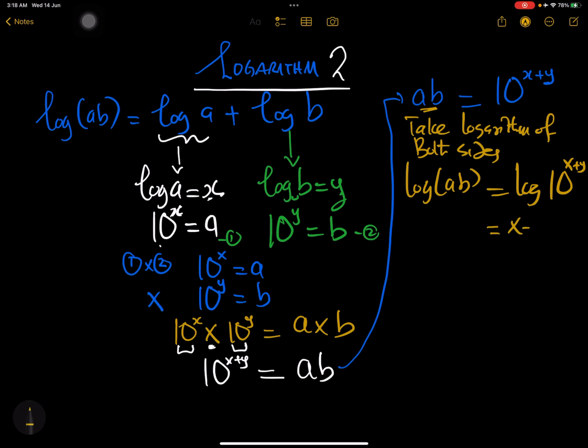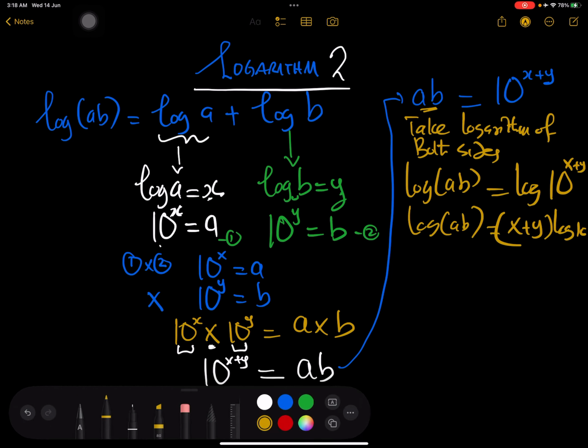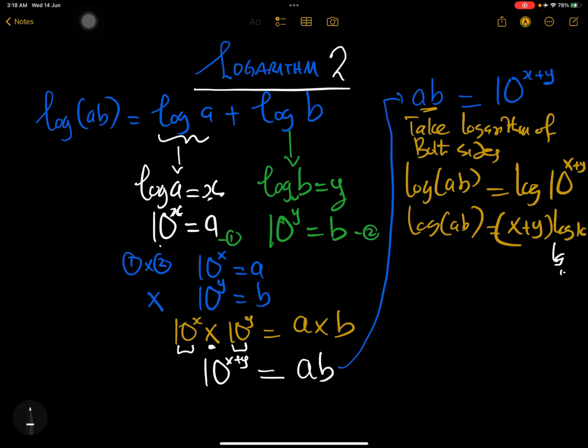The x plus y, we're going to drop at the back. And then we are going to have log 10. And then we have log of AB here. Now we're going to learn from another law that because log 10 to the base 10 is equal to 1, we're going to have log of AB being equal to x plus y.